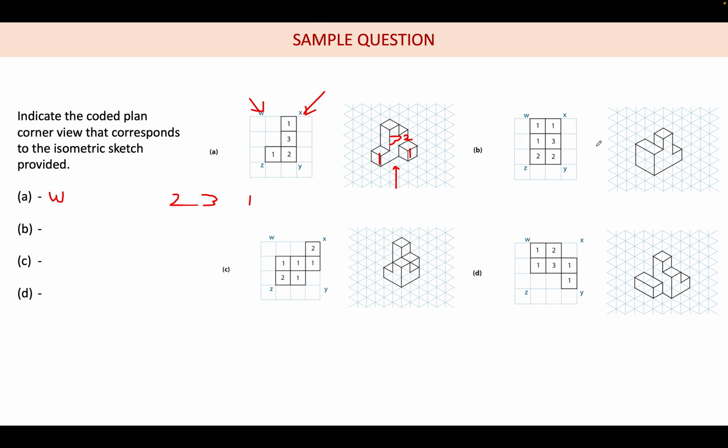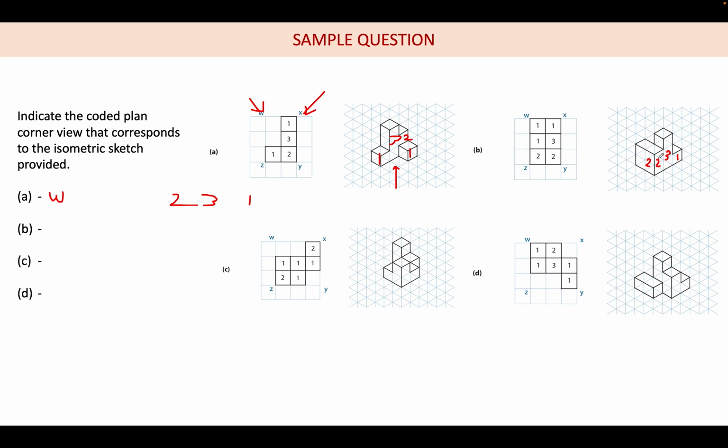So can anybody say for option B, which is the direction of view? Here we have 2, here there is 2, there is 3 over here, there is 1 over here, and again there is a 2.